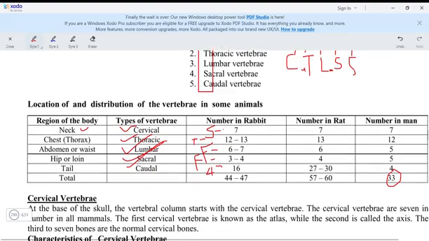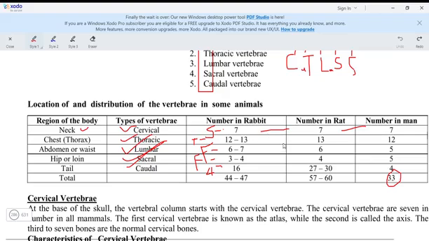Now the next thing is, we have seen that all the vertebral column are 33 in human beings. Now let's look at other animals like rabbits and rats. How many of these vertebral column do they have? To start with, if you look at the rats and the rabbits, they all have the same cervical, that means the same number of bones in the neck region.